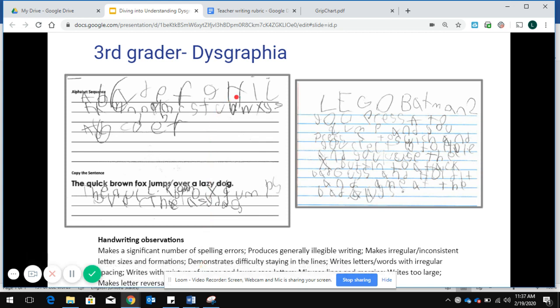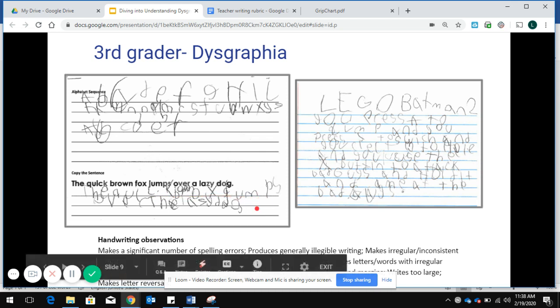We are seeing the mixture of capital and lowercase letters. Notice how the letters are not anchored on the line in here. In this one, he did a better job putting the letters on the line, but in here, not so much, right? This one, he was supposed to copy the sentence, and he attempted to do it, but his letter formation struggles were so significant that he couldn't do it legibly.